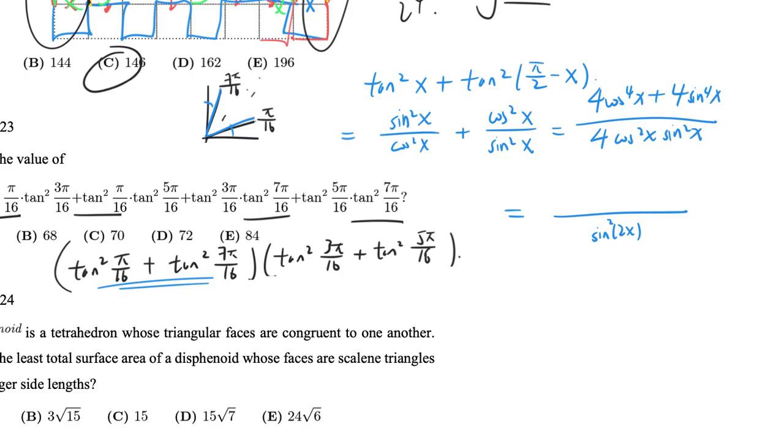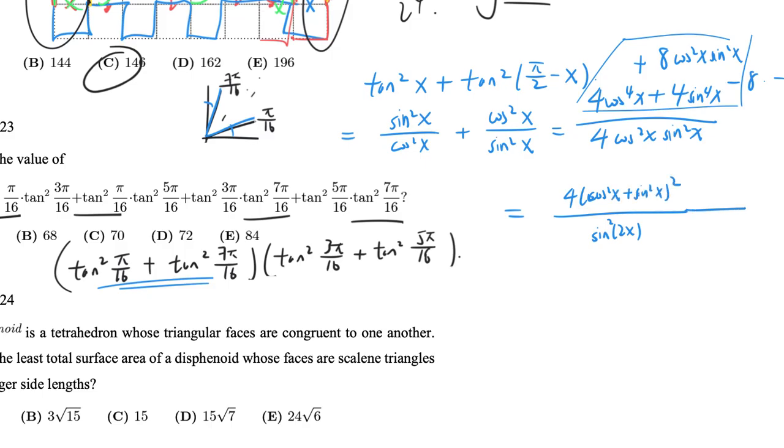And the numerator we can write as, well, we can add an 8 cosine squared x sine squared x and subtract 8 times the same thing. Then this part would become 4 times cosine squared x plus sine squared x squared, which this whole thing is 1, minus 8 times cosine squared x sine squared x, like this.